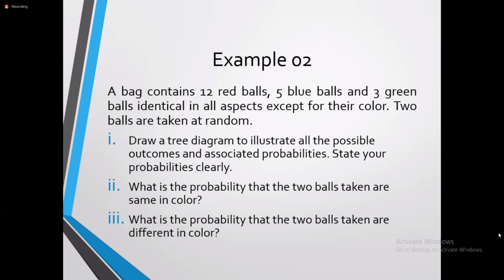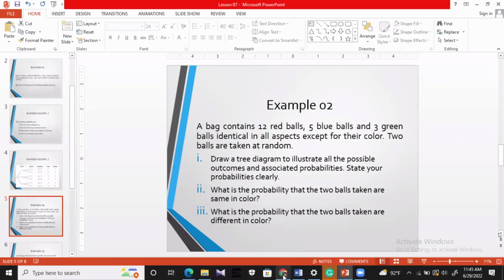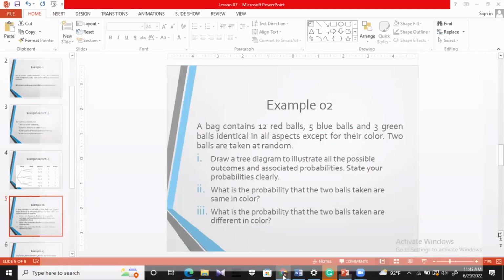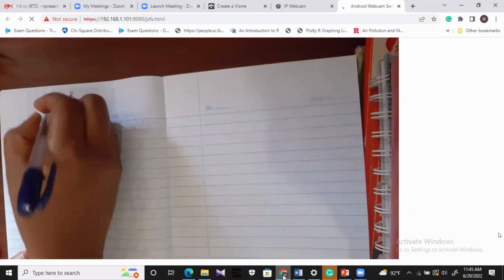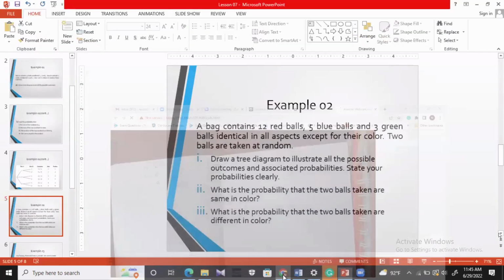It's true, we are taking those two balls at once, but we have to consider that situation as taking one ball twice. I will show you how to draw a tree diagram for this problem. Give me a second. Now I forgot those counts. 12 red, 5 blue, 3 green balls.